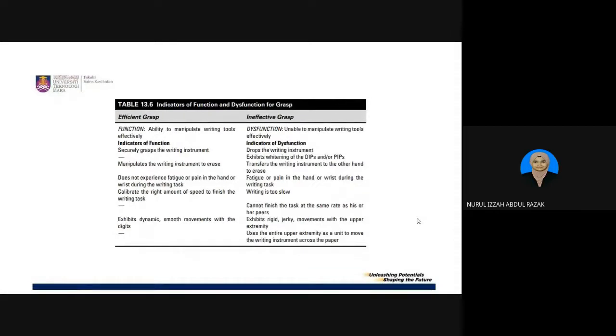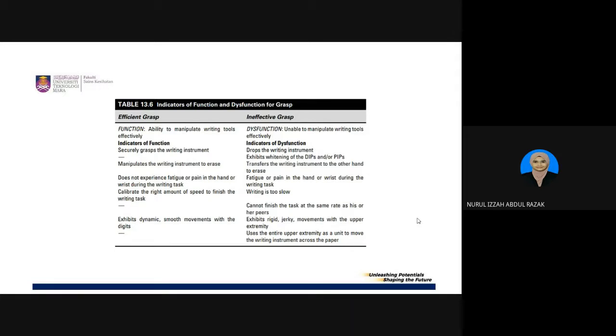Okay, let's see the indicators for this function, the ability to manipulate writing tools. The kid might show the ability to securely grasp the writing instrument, then manipulates the writing instrument to erase, and does not experience fatigue or pain in the hand or wrist during the task.